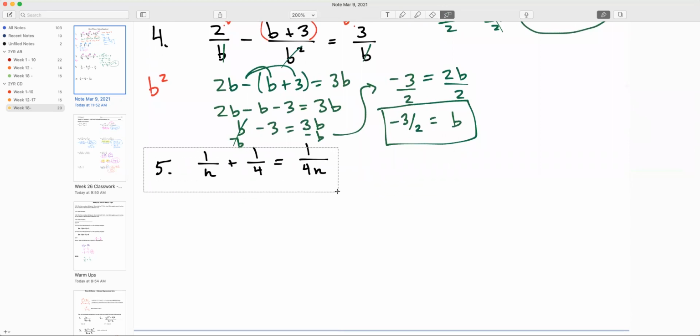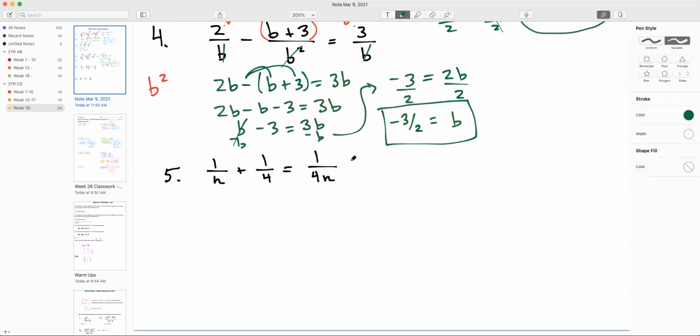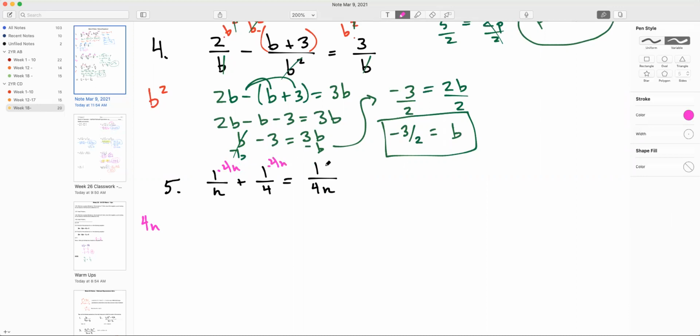Number 5. That's a trick. So what I want to do is find all the unique factors. So I've got an n, I've got a 4, I've got a 4n. Really, I just have n and 4 as my unique factors. So the thing I'll use is 4n. I'll multiply tops by 4n, 4n, 4n.